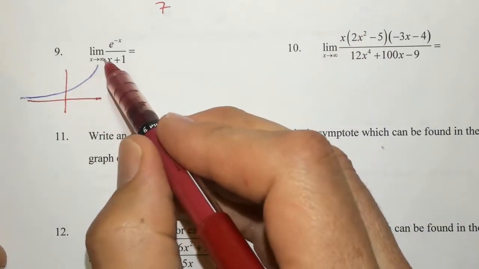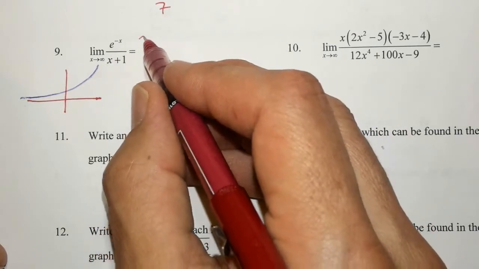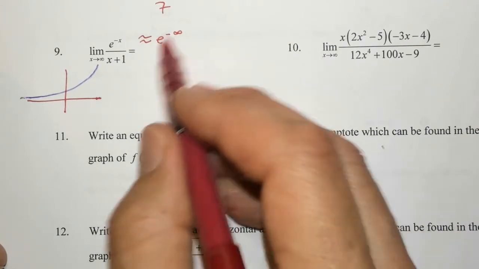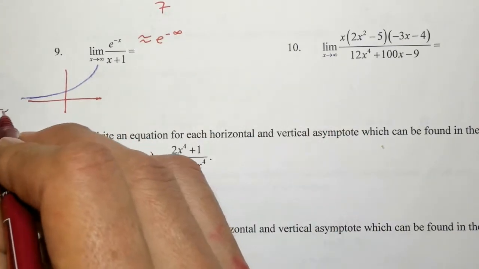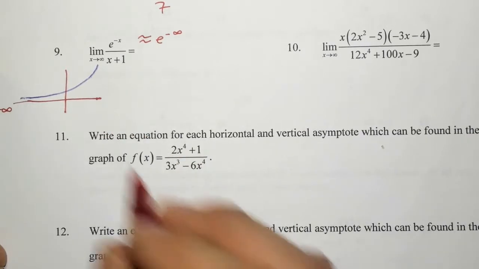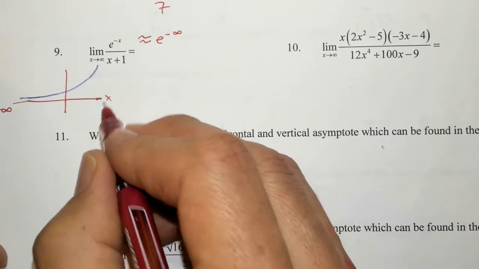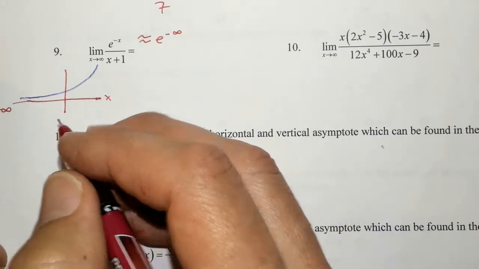Now, if we sub in a very large number, so we're thinking e to the negative infinity, which isn't actually a number since infinity is not a number. But what's going on? Well, negative infinity is down at this end, and e to the x, the purple curve, is very close to the x-axis, and that value of that purple curve's vertical value, if you will, is 0.